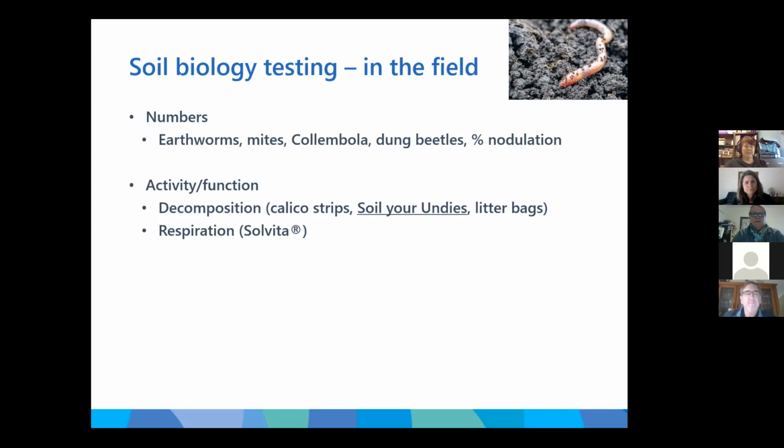So respiration, there's a kit that's been developed and has 20 years of research that is looking at assessing the carbon dioxide that comes out of a soil sample, and it's very easy.